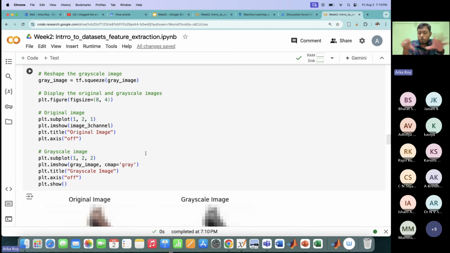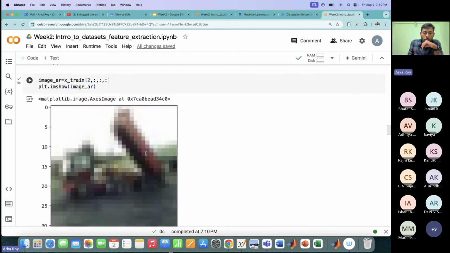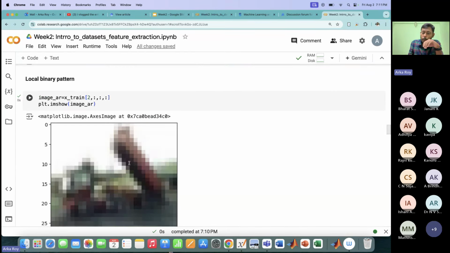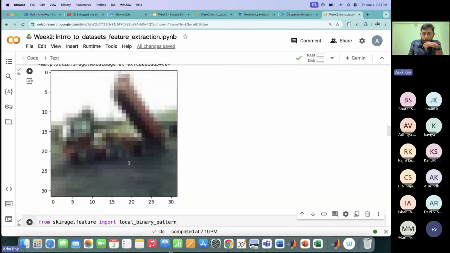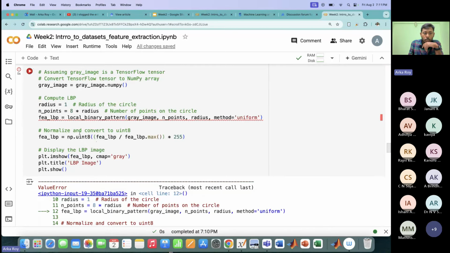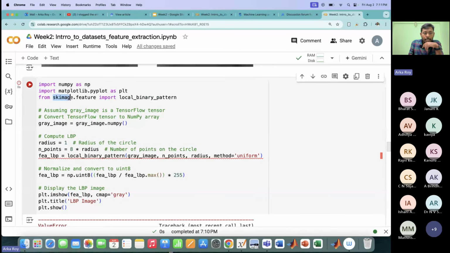Depending on the library you are working with, this dataset I was extracting from the TensorFlow library. But for feature computation, I am using skimage, the scikit-image library. It works on NumPy arrays, and our data is a TensorFlow array. So if I use a TensorFlow array on this library, it would throw an error.